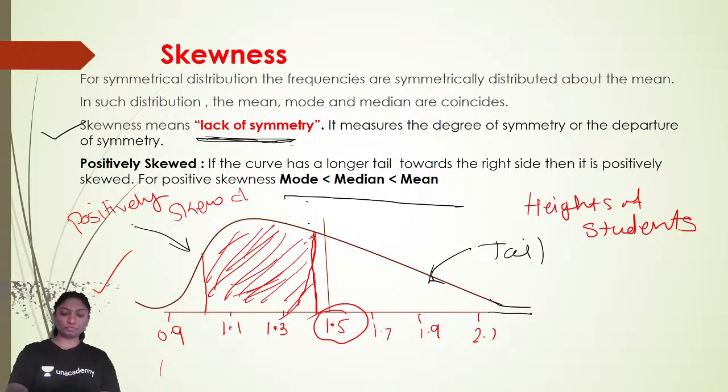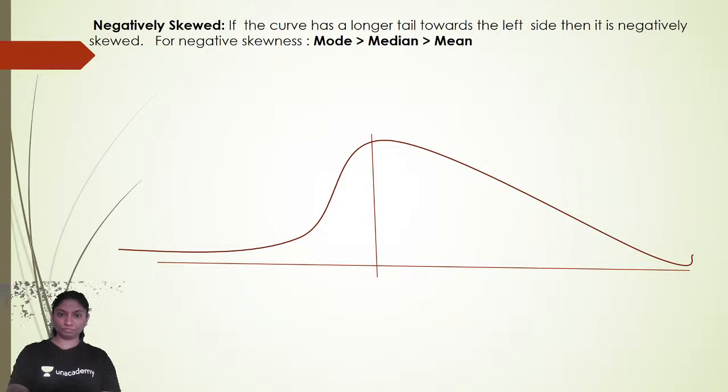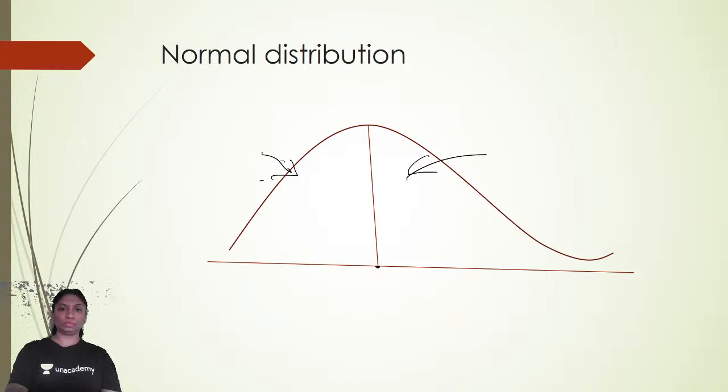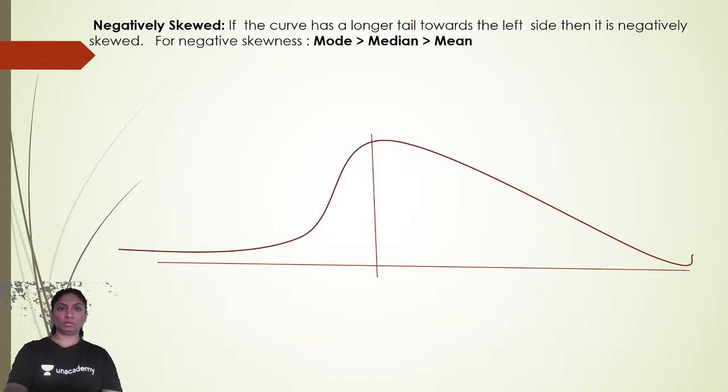Now see, negatively skewed. If the curve has a longer tail towards the left, it means most of the data lies on the right hand side of the central value.